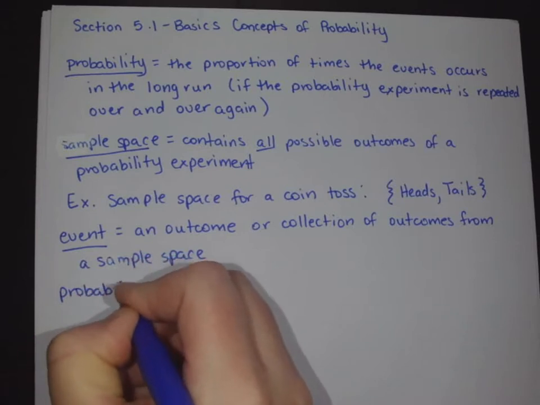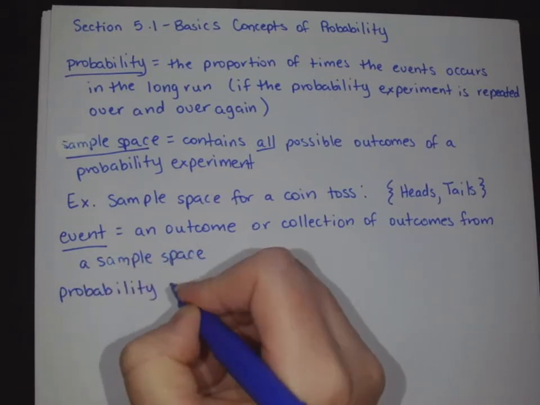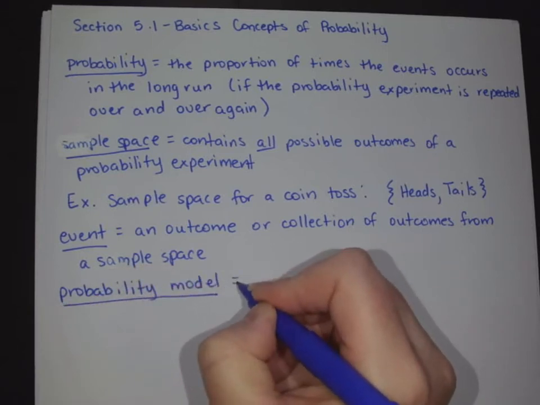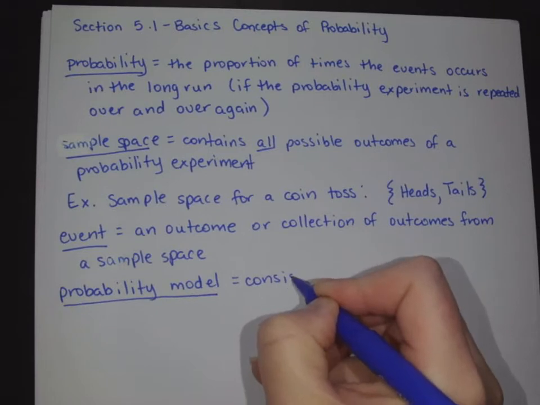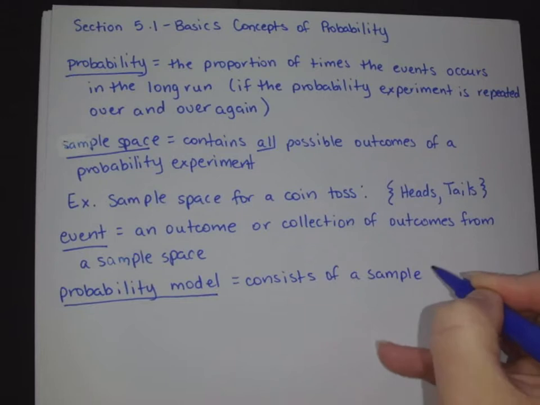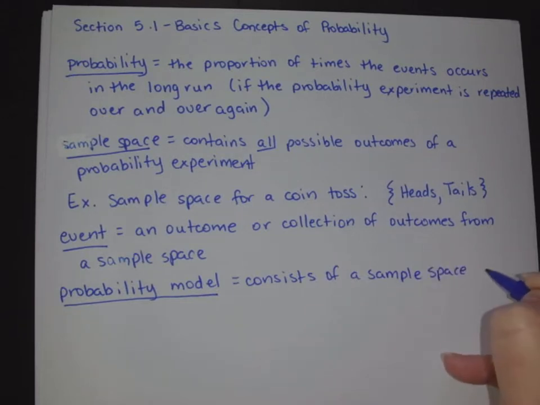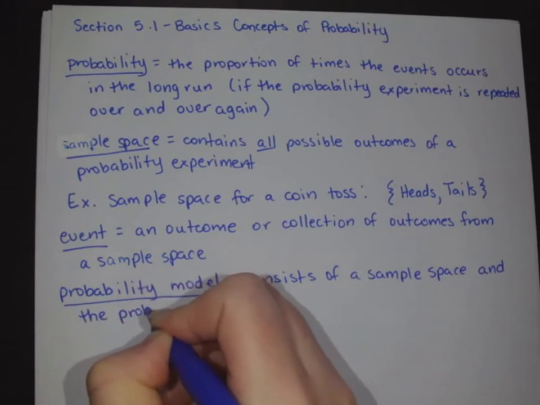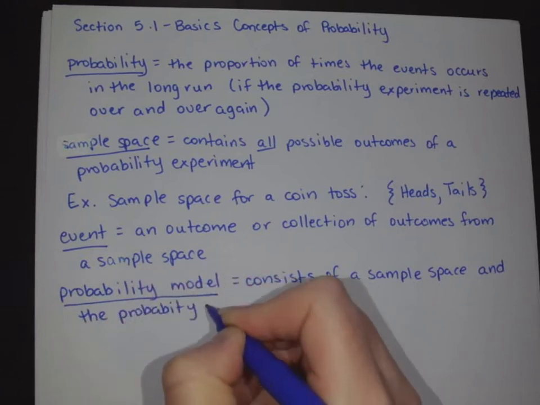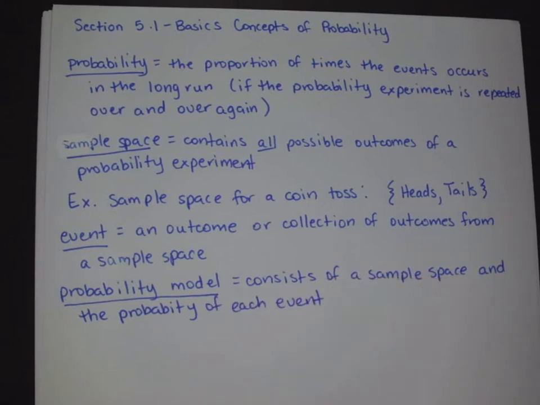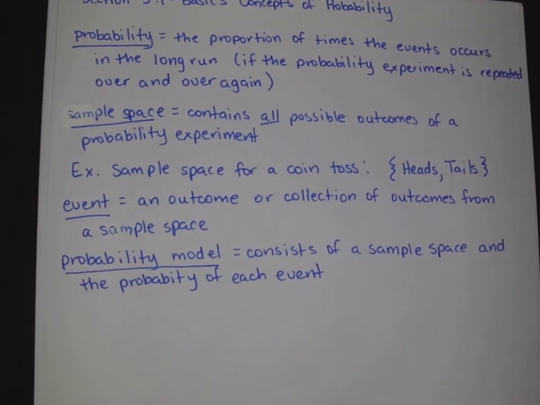A probability model is usually just a listing that consists of everything in the sample space, so a list of all the possible outcomes, and then the probability of each event. Some books call this a probability distribution, but this book calls it a probability model most of the time.